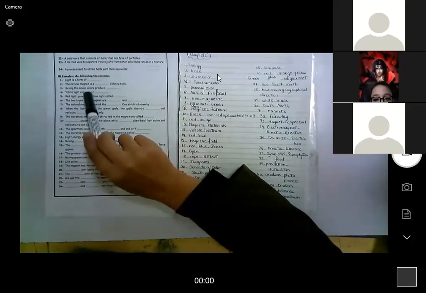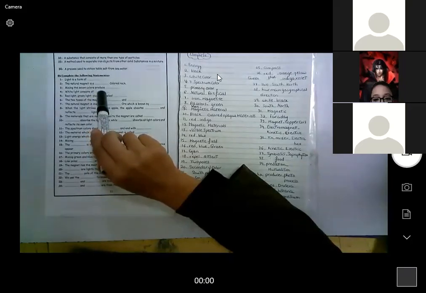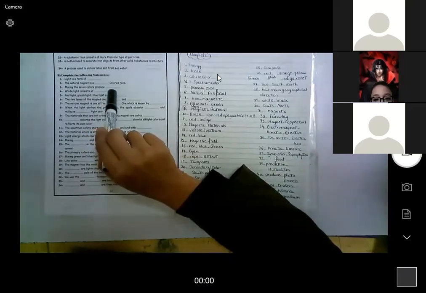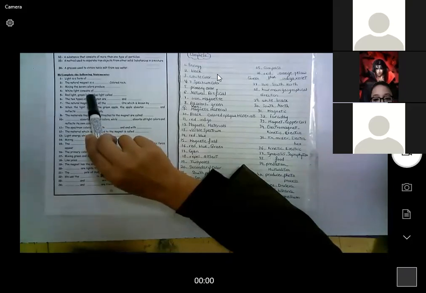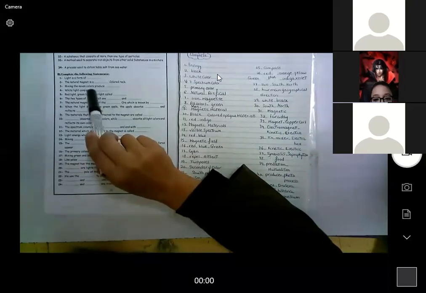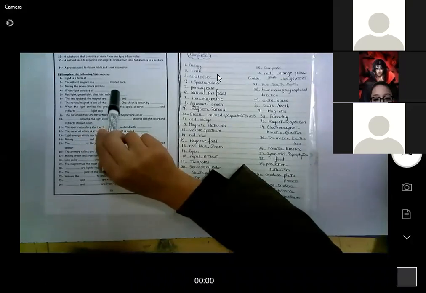Number 3, mixing 7 colors produces, if you mix the 7 colors together, white light. White light consists of, here number 3, giving you the 7 colors, give white.